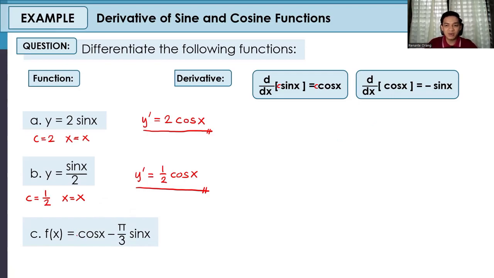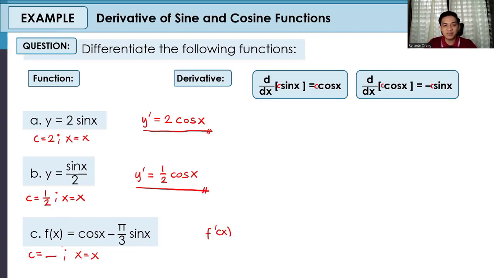And dito, wala tayong constant, but if meron, ang gagawin lang po natin is to copy and to paste. So, lagay natin dito, constant is wala tayo. The next is the value of our x. Dito, yung katabi ng ating cosine is x. So, yung ating value ng x is also x. Proceed tayo sa differentiating. We have f prime of x.